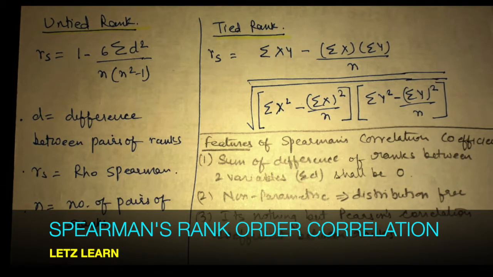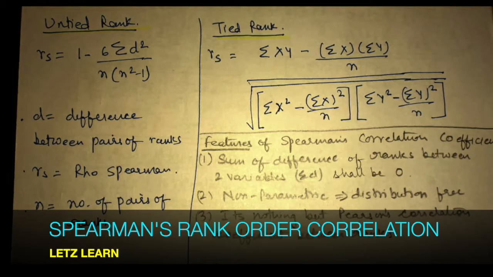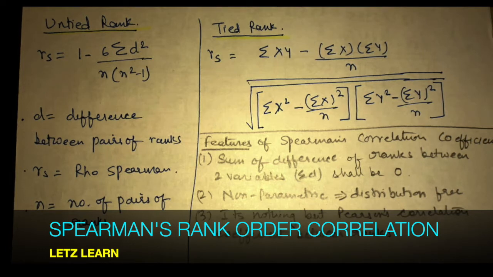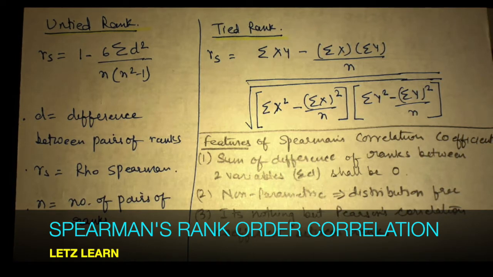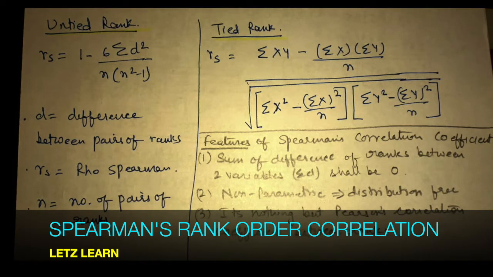The tied ranking is where two variables carry the same rank. So variable A and variable B can carry the same ranking, because variable A can be 40 and variable B can also be 40. I am going to explain the tied ranking in the coming solution.